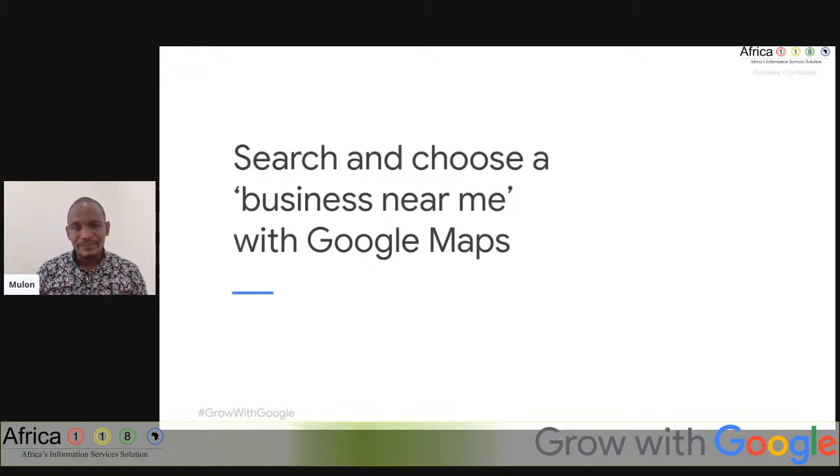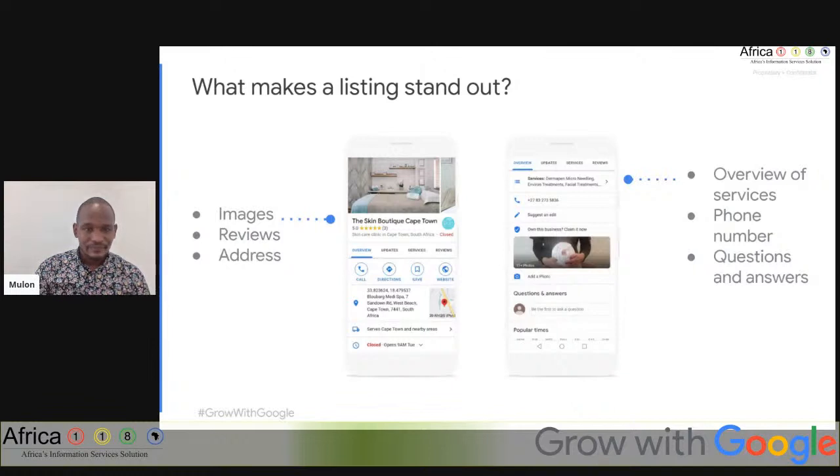What will pop up? Will you be seeing some of the businesses that are near your locality? Will you be able to see your business? Will you be able to see some of the competitors that are within the same line or same sector? Try that and let me see some of the results that you will be getting.